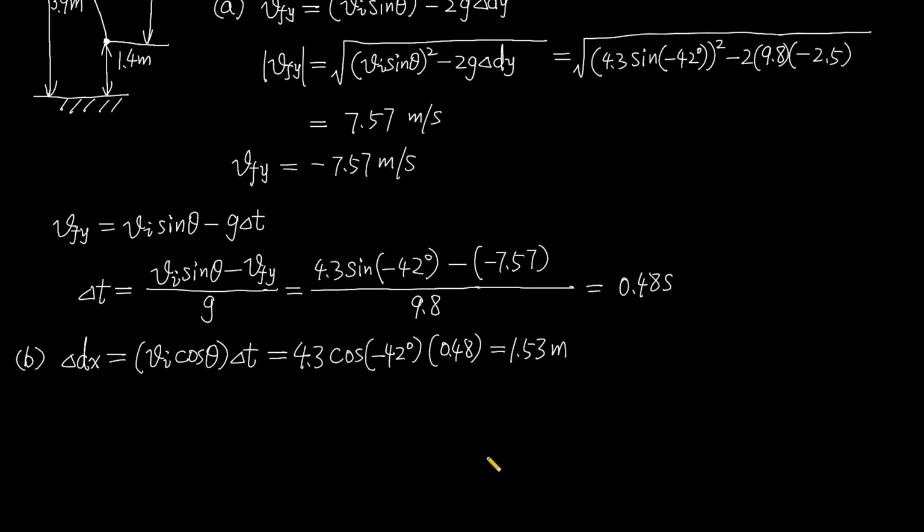Now for question C, it asks for the final speed. So we know its final horizontal velocity equals the initial horizontal velocity, which equals the initial velocity multiplied by cosine theta. And this equals 4.3 multiplied by cosine negative 42 degrees.